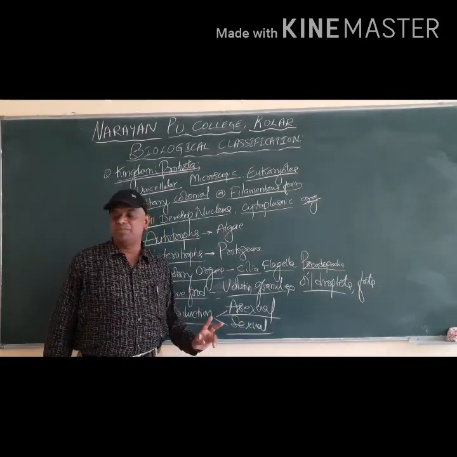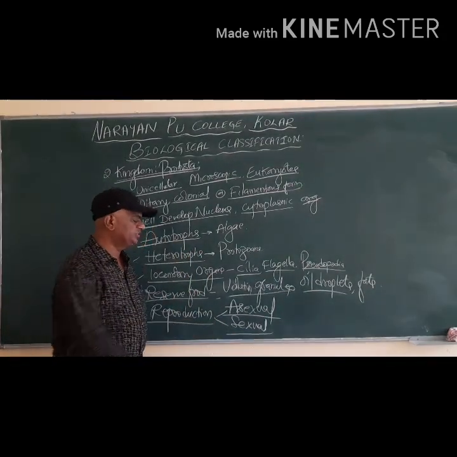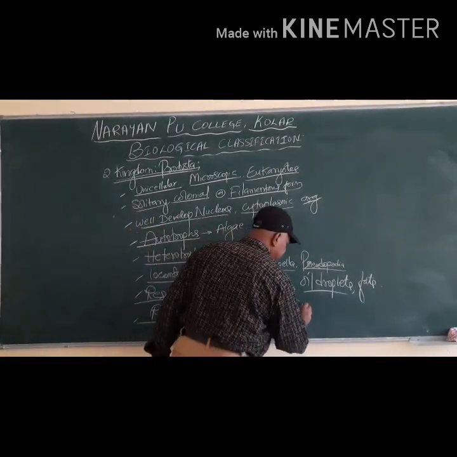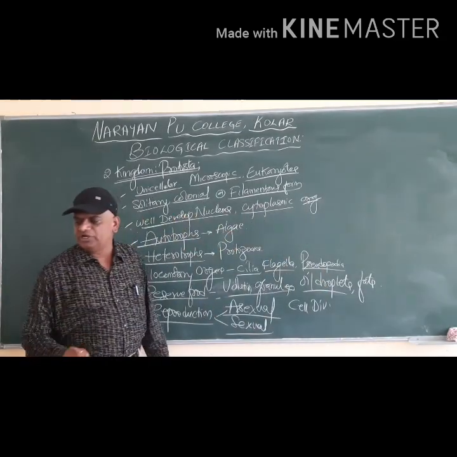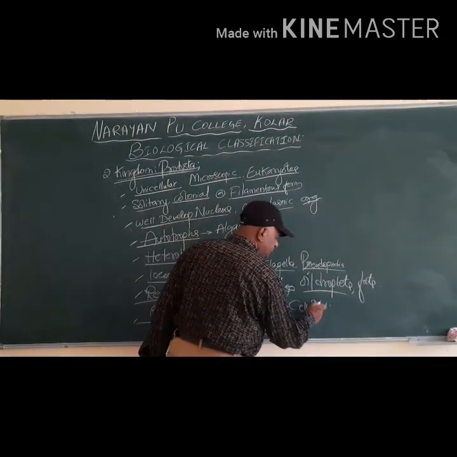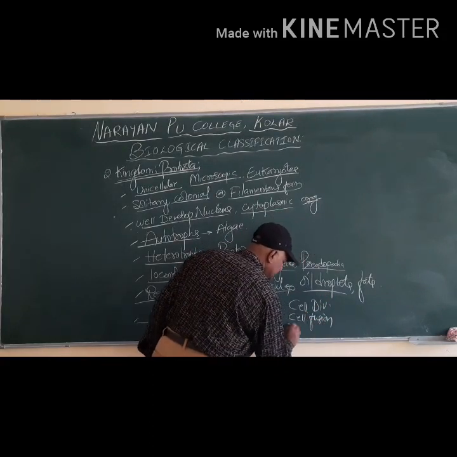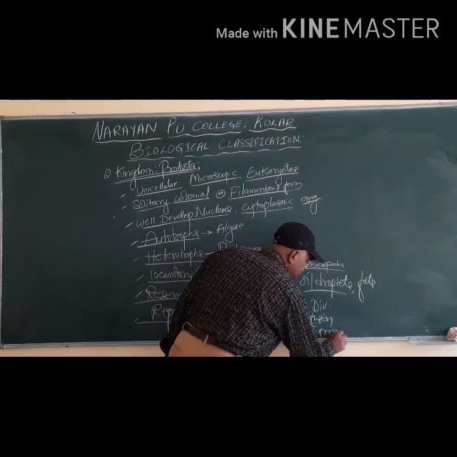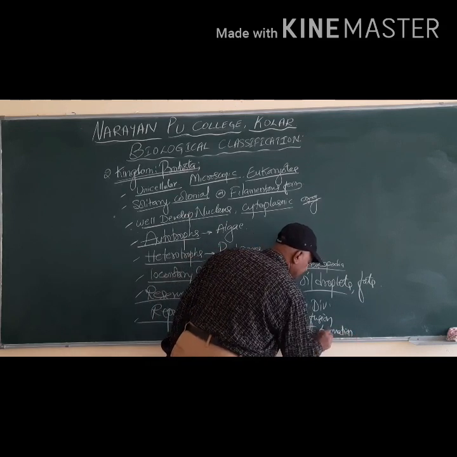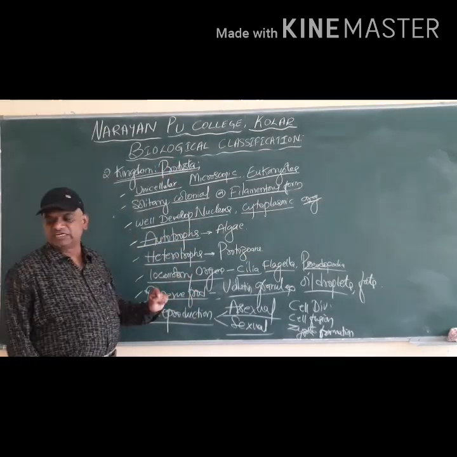Sexual means biparental; two parents help in sexual reproduction. Cell division, cell fusion and zygote formation are all present in the kingdom Protista. So these are called general characters.